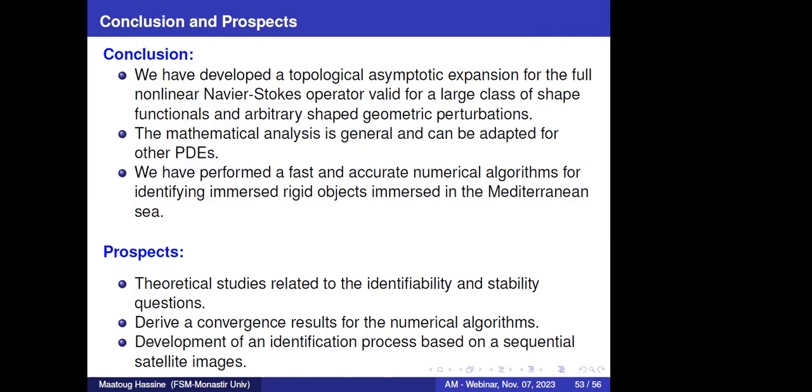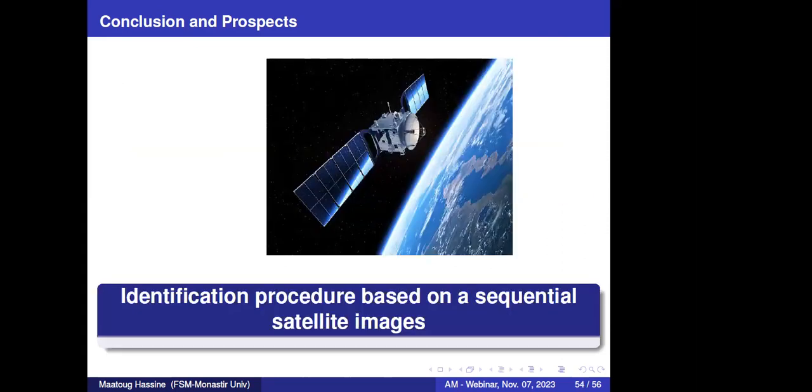Another interesting problem is the development of an identification process based on sequential satellite images. More precisely, it consists in developing an identification process based on sequential satellite images.